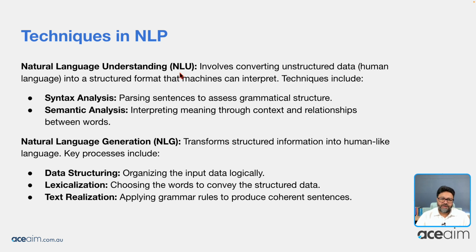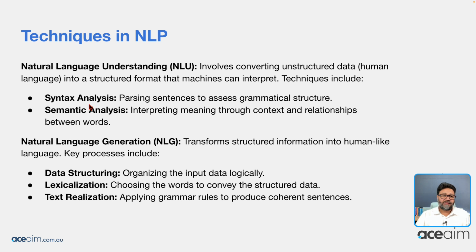As the name depicts, natural language understanding is the part where researchers, AI scientists, and AI engineers work to produce algorithms that understand human language. Our language is in an unstructured format, so how a computer understands it is called natural language understanding.